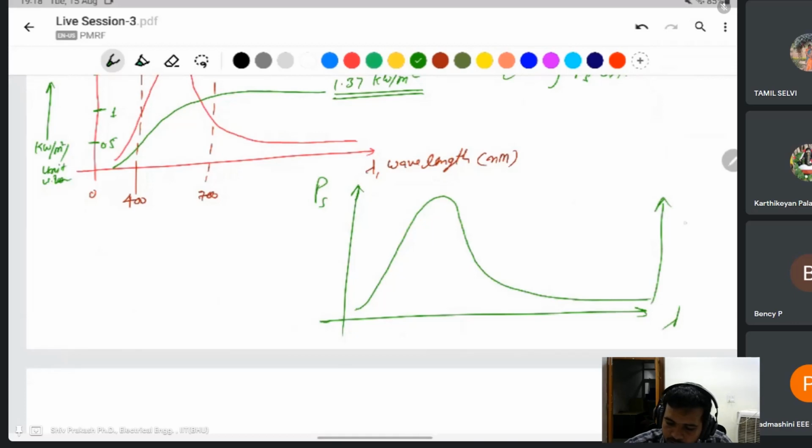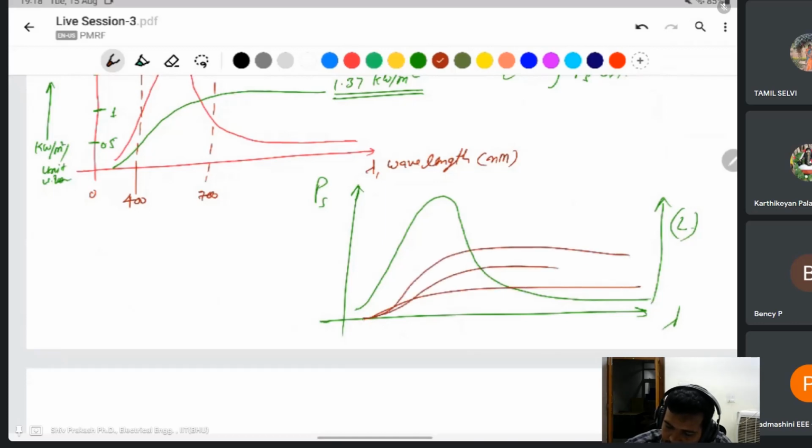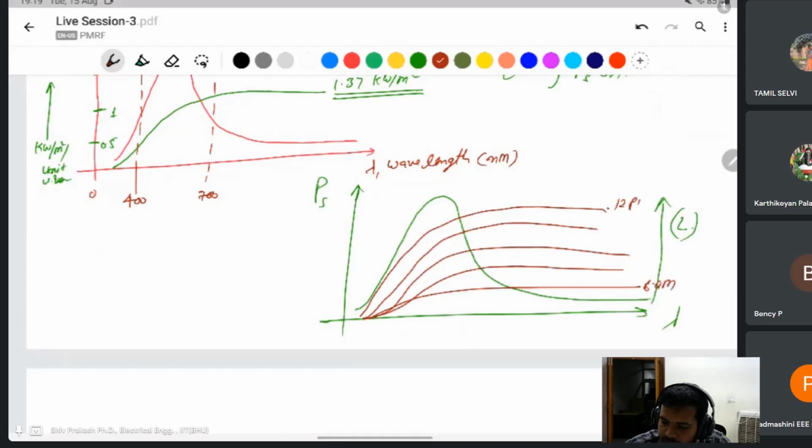If you want to draw a power insolation, it will depend on the daytime. Morning 6 a.m., this was the maximum at 12 p.m. From 6 a.m. to 12 p.m. it increases to the maximum, after that from 1 p.m. it reduces towards 6 p.m. At night, this will be 0.